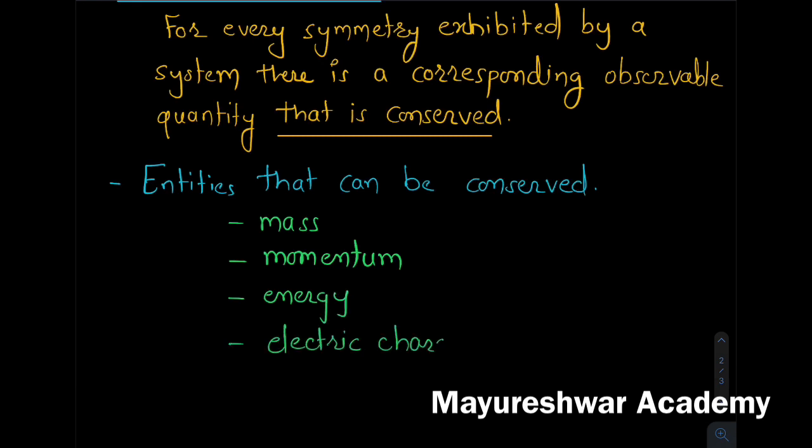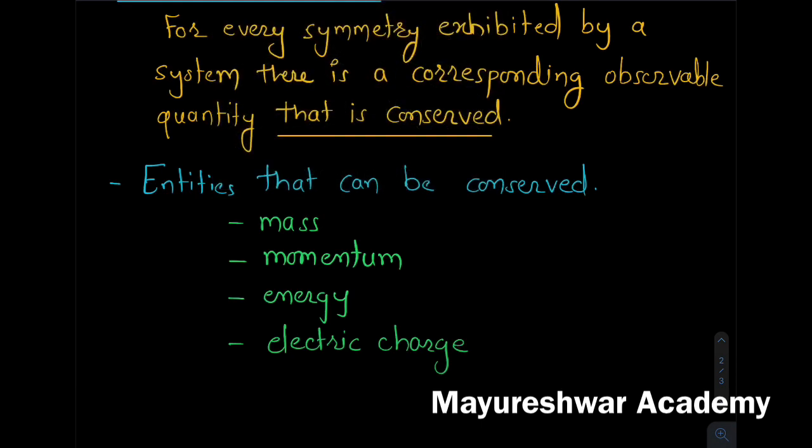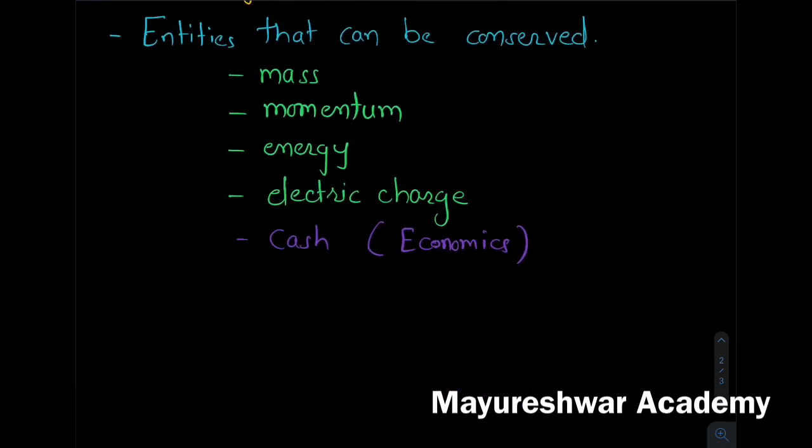Also electric charge can be conserved, and this is not related to mechanical engineering, but cash can be conserved according to economists. So the first three entities, especially mass, momentum and energy, are always studied in mechanical engineering. Our focus in this session will be on these three quantities.